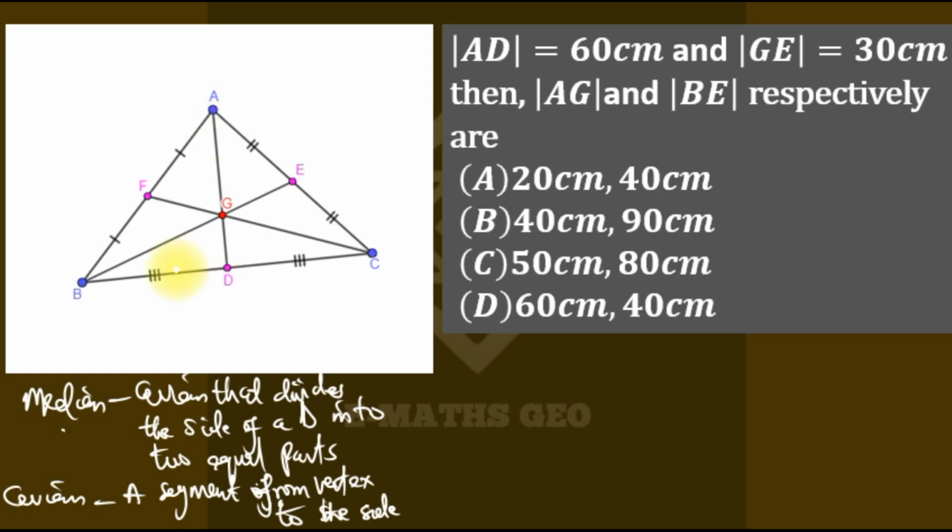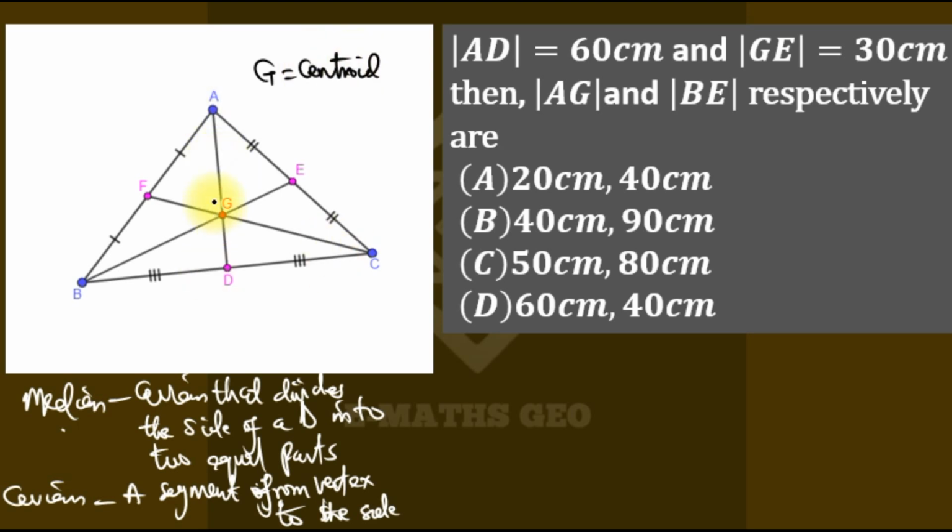But if it divides the side into two equal parts, we call it a median. And the point of intersection of the medians is called a centroid. So G is called a centroid, point of intersection of the three medians.